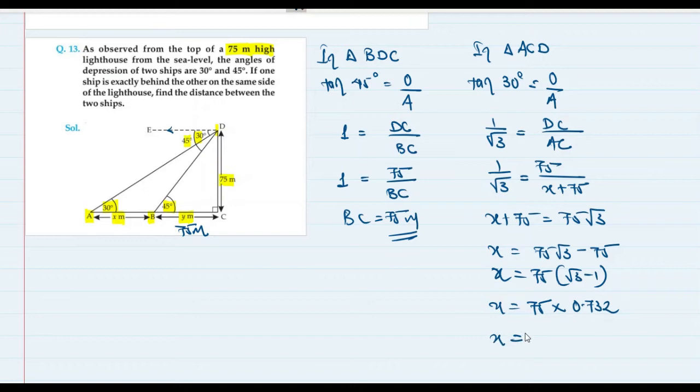So let's find the value of x. x is what you need, the distance between two ships. Okay, let's find the value of x. 75 times 0.732 is 54.9 meters.